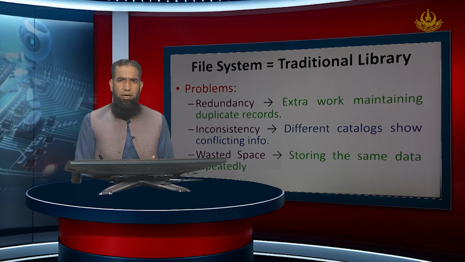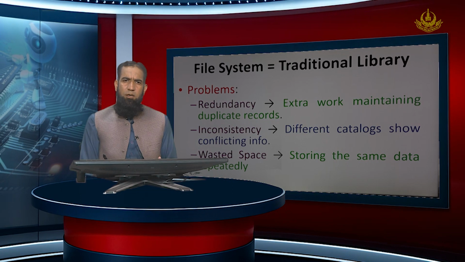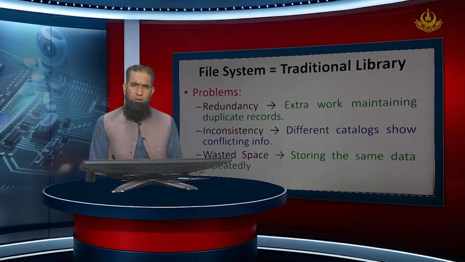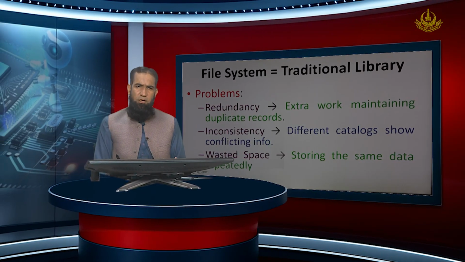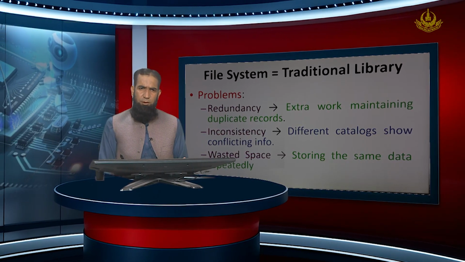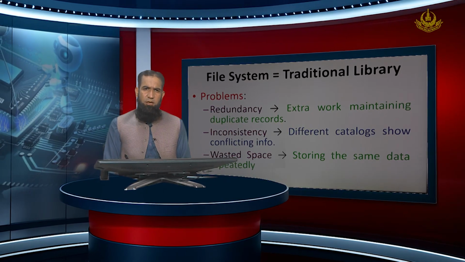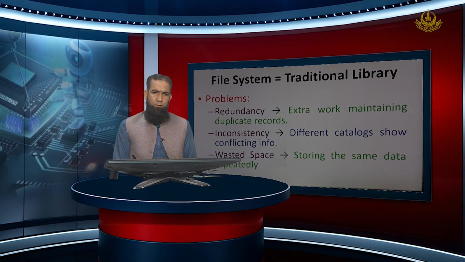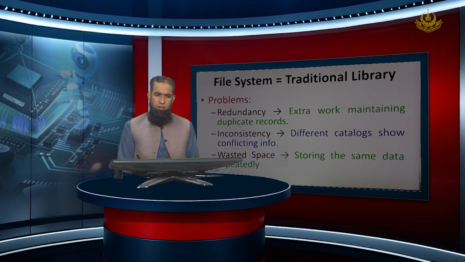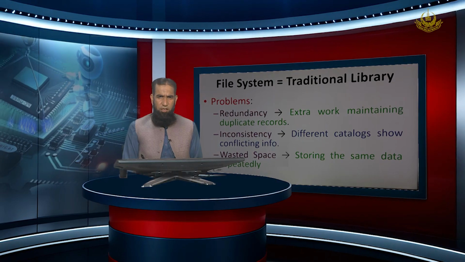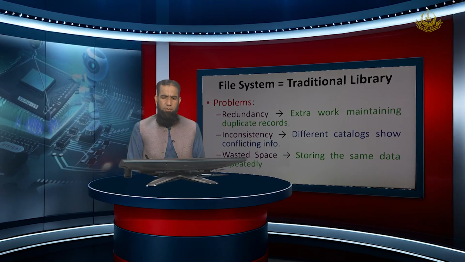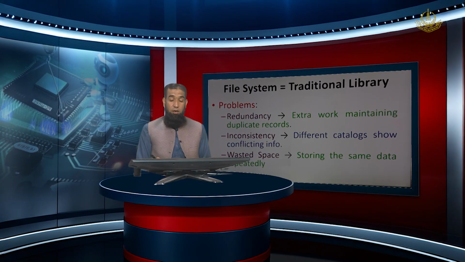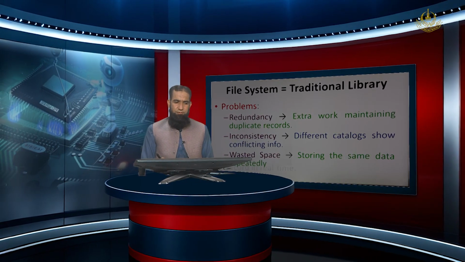For example, Sarah's name has a spelling mistake, so we correct it at one place, and maybe it is correct in one place and wrong in another. Data must be updated at each place, otherwise it may be inconsistent. That also wastes our effort and space. Storing the same data in multiple places and updating it also wastes our efforts.